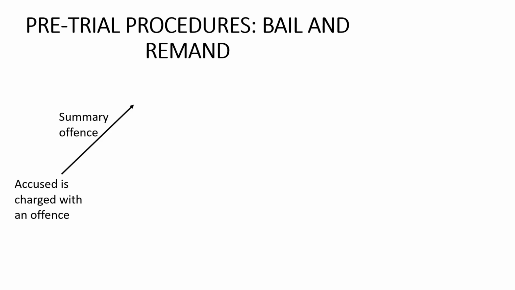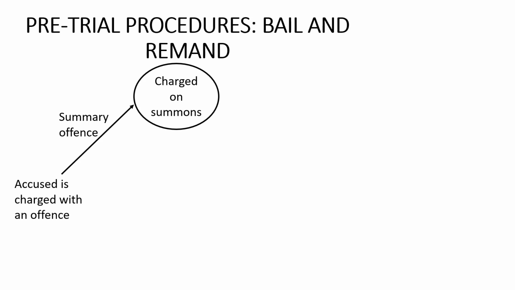Where the police suspect that a person has committed a summary offence or a less serious indictable offence, the police will generally charge the person on summons. This means that the accused will be given a notice to appear at the magistrate's court at a future date when court proceedings will be held in relation to the charge.